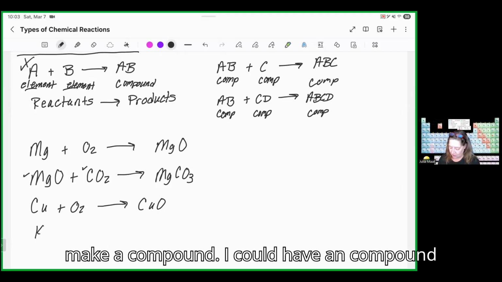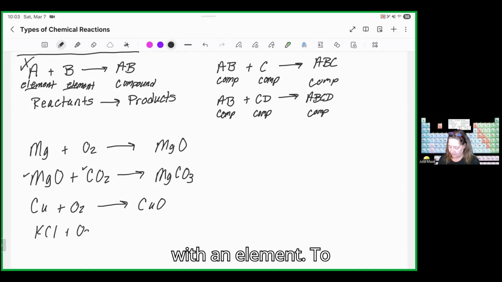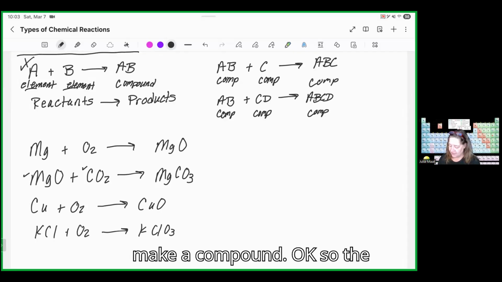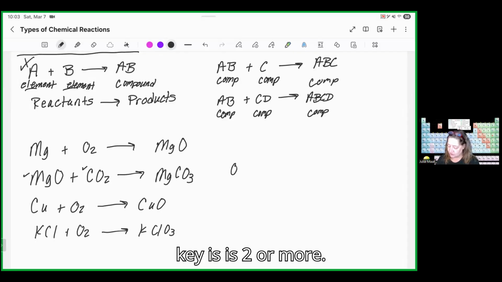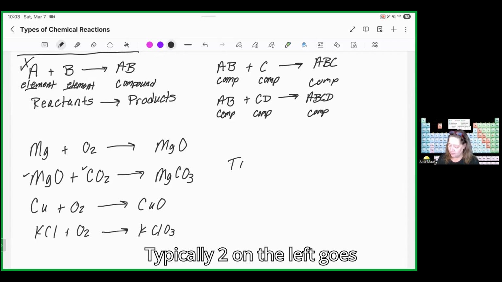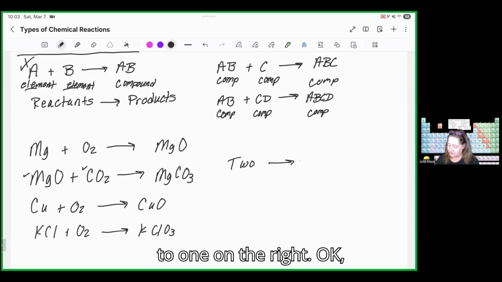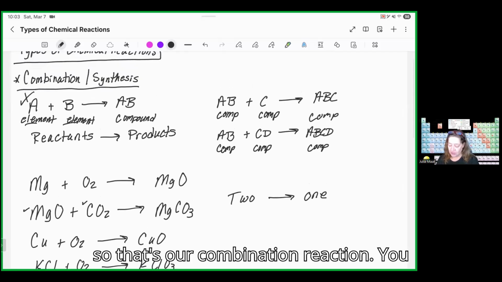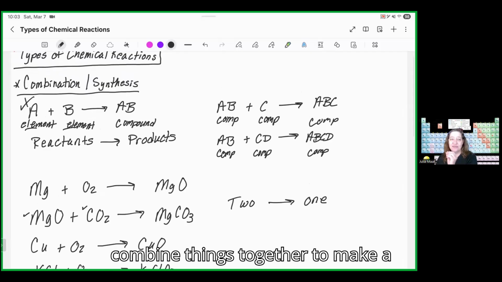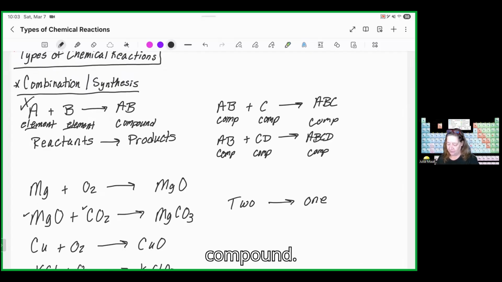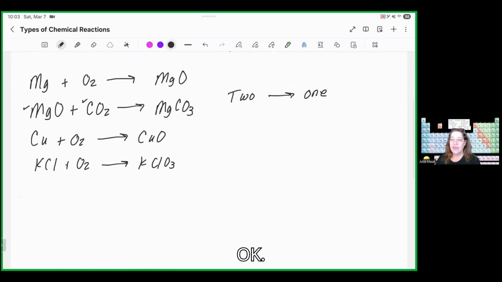I could have a compound with an element to make a compound. So the key is two or more, typically two on the left goes to one on the right. That's our combination reaction. You combine things together to make a compound.